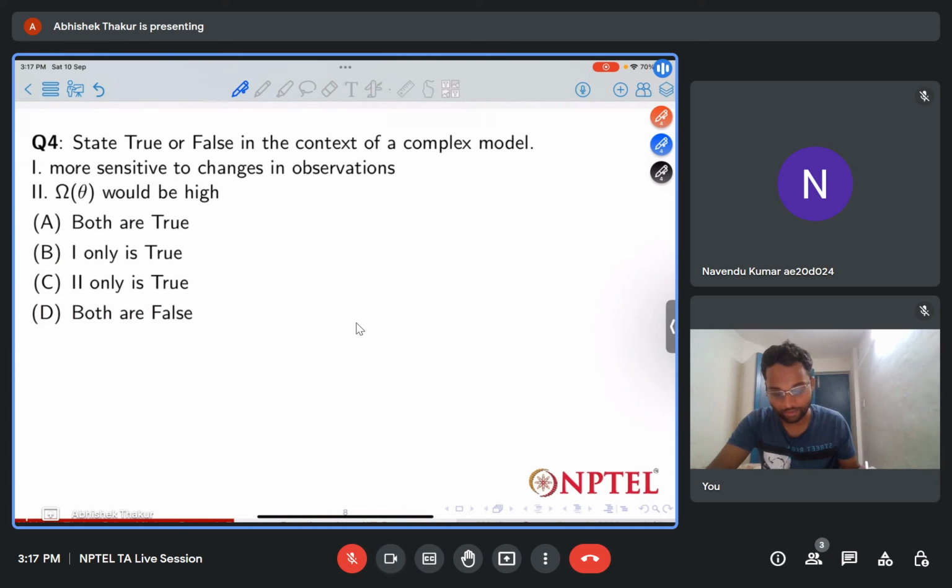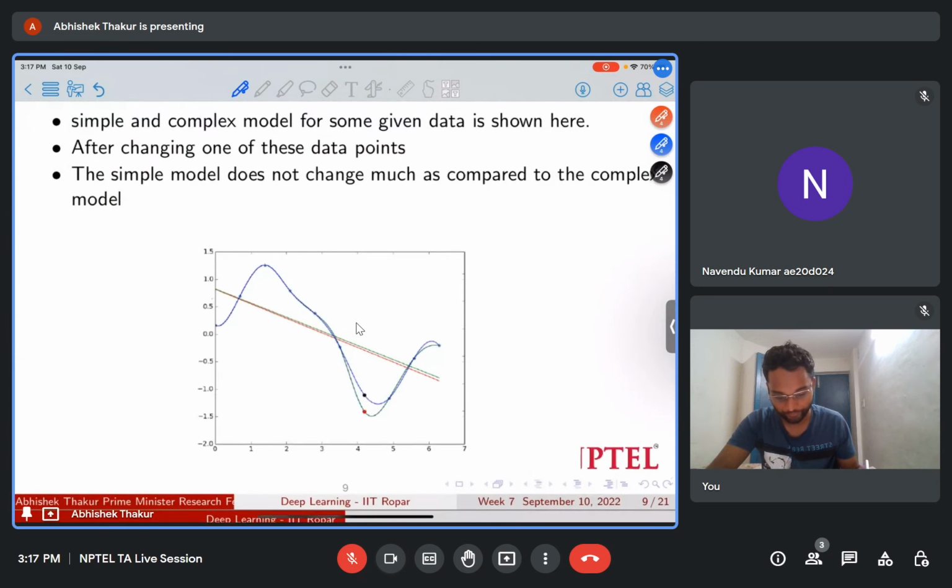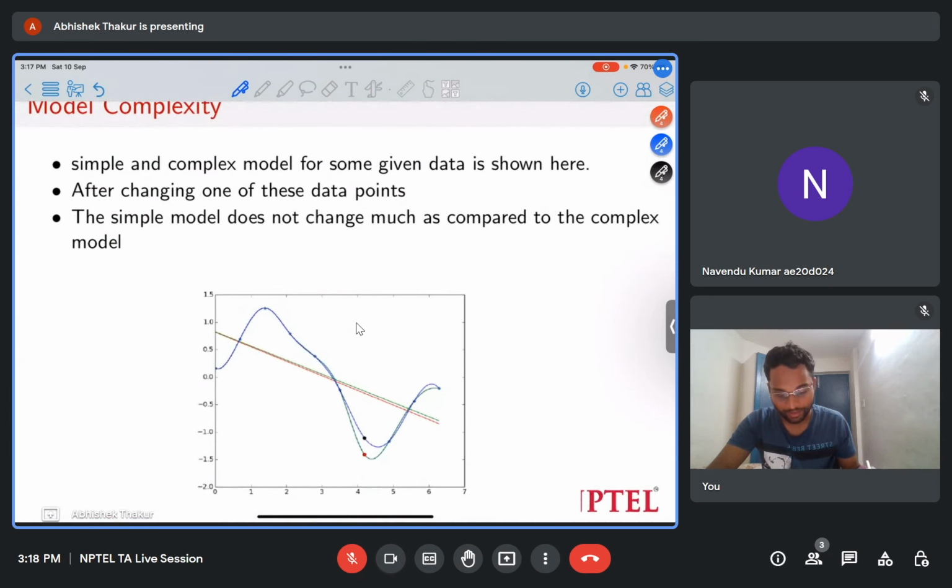So we will see in the complex model, this is the graph you can see down here, given for the simple and complex model for some given data. This is our simple model, which is the straight line, and this curve, which is sinusoidal, is our complex model.